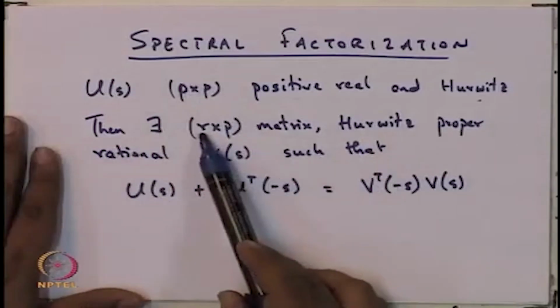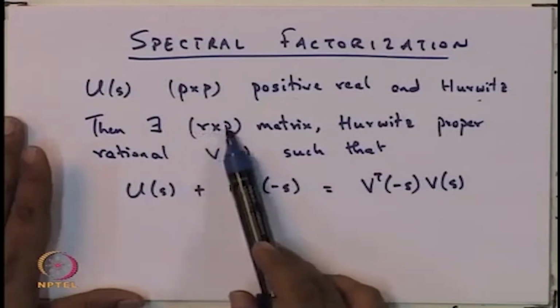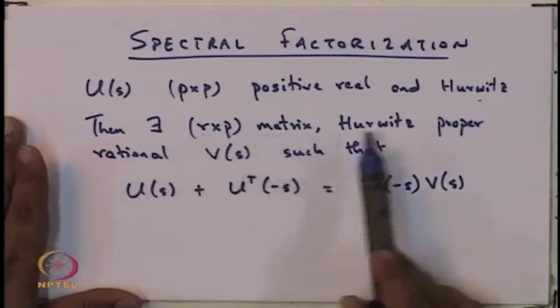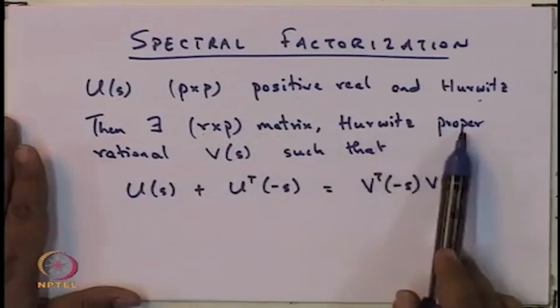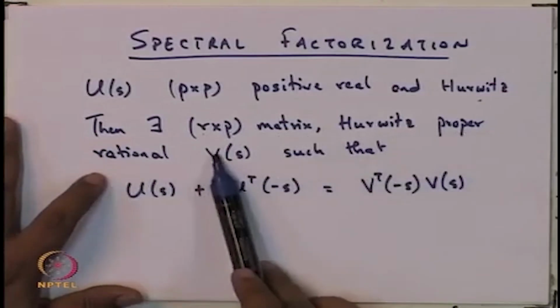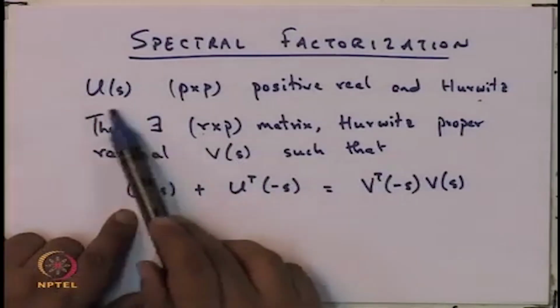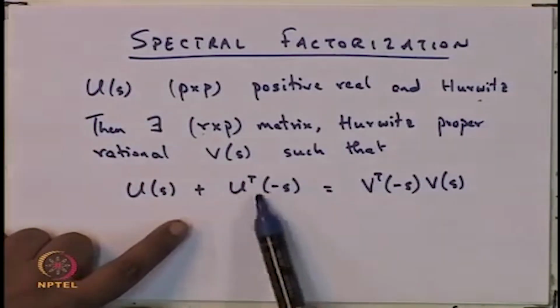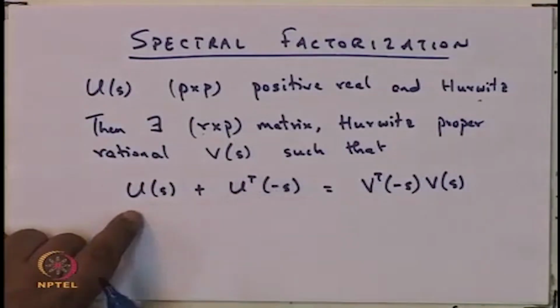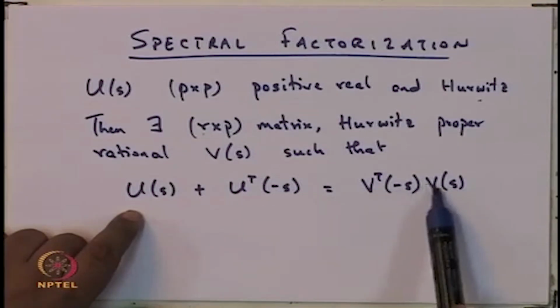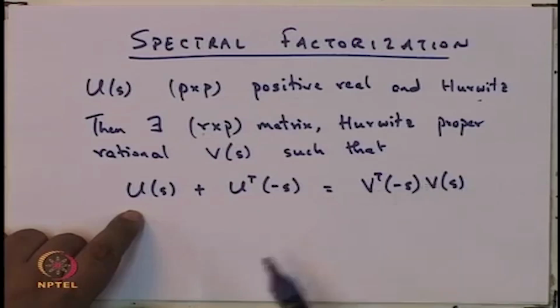In single input, single output, P is 1 and R will also therefore be 1 cross 1. There exists a matrix which is Hurwitz proper rational, call it V(s), such that the sum U(s) plus U transpose of minus s is equal to the product of V transpose of minus s with V(s).